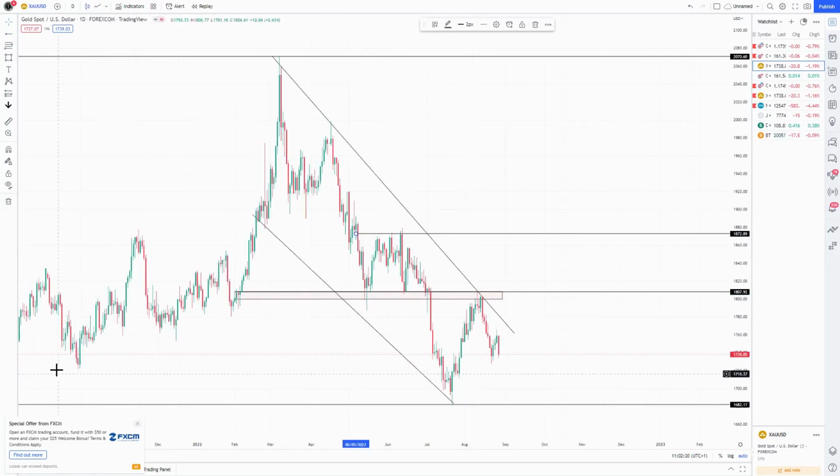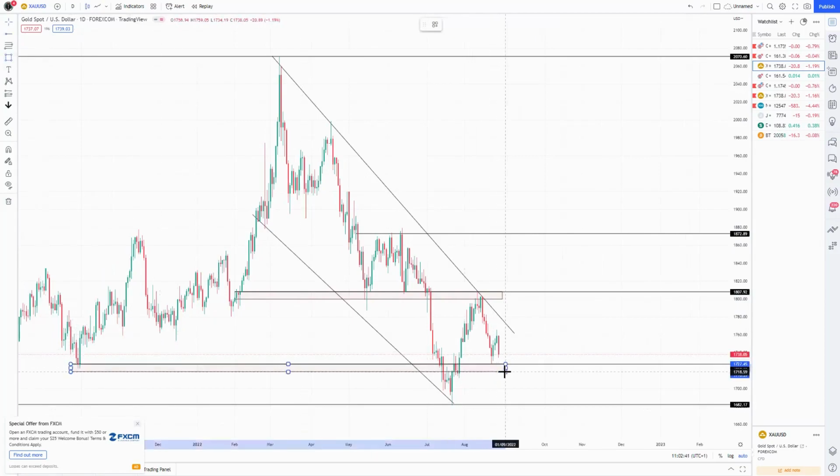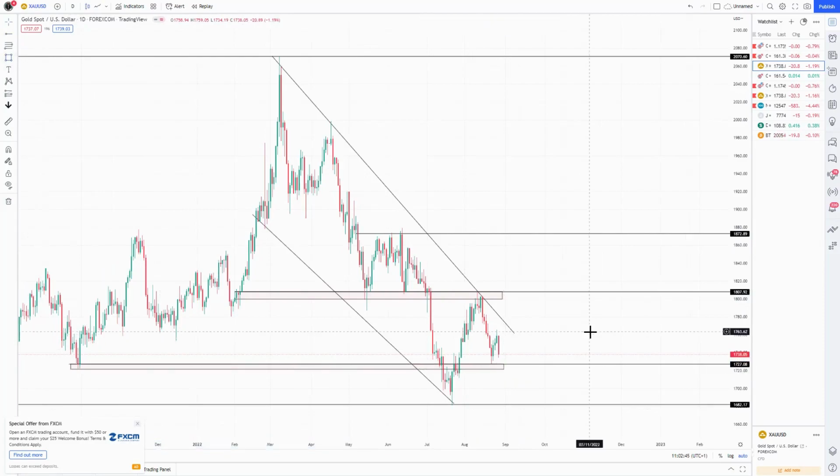Let me just mark out one zone here. Okay, we can mark out an area here where price is actually approaching a support area. Good. So let's go to the 4-hour time frame.